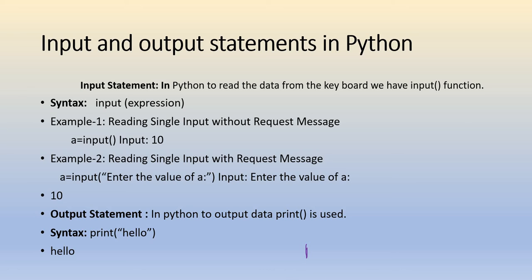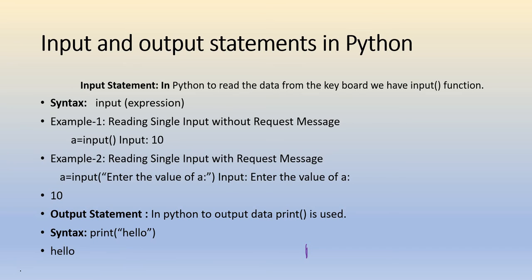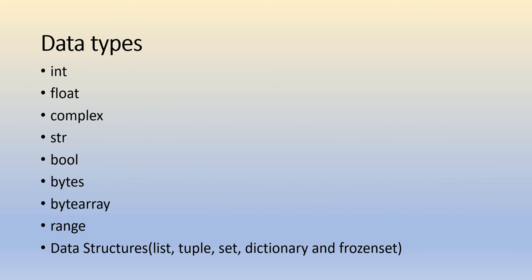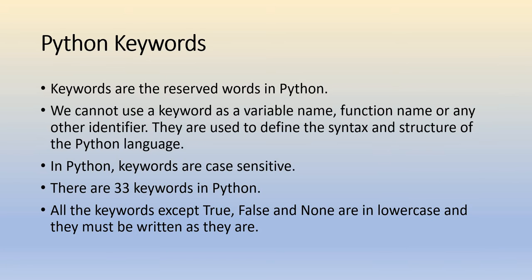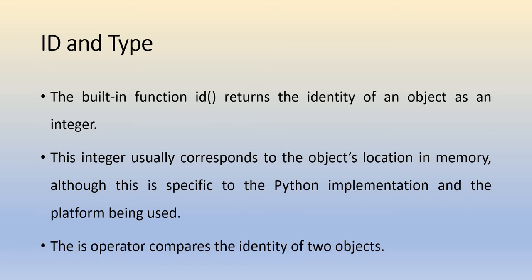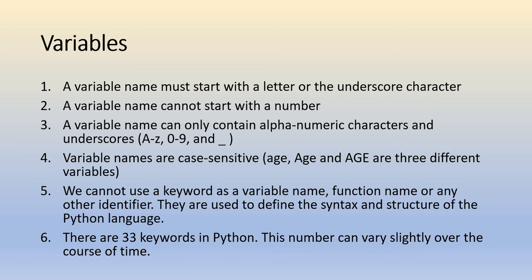In this session, I want to show you the information regarding various input and output statements, as well as what the various kinds of literals and keywords in Python are, and what the functions for ID and type are, and the various data types available in the Python programming language.